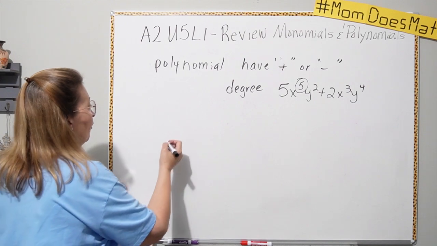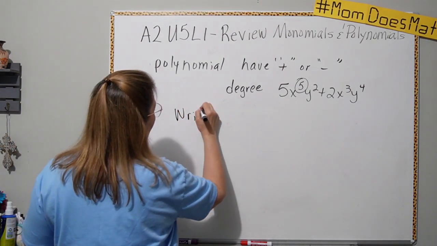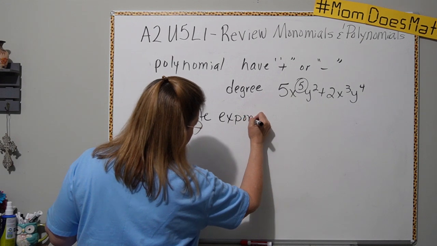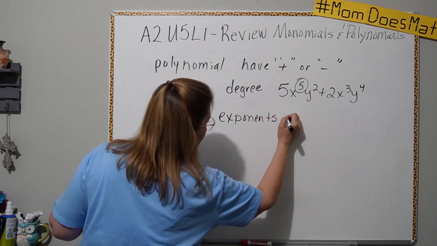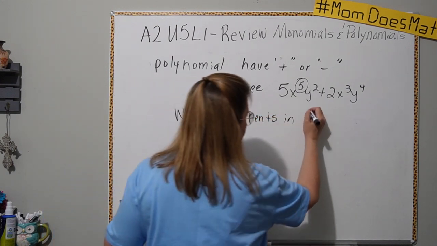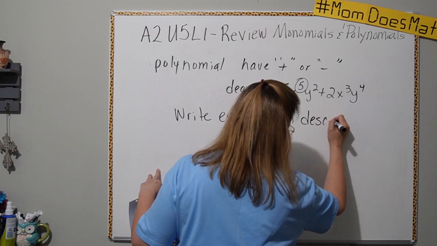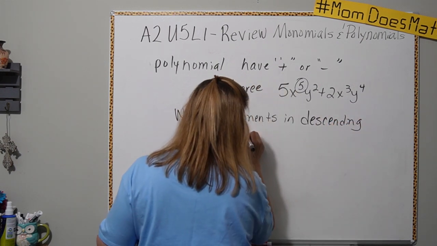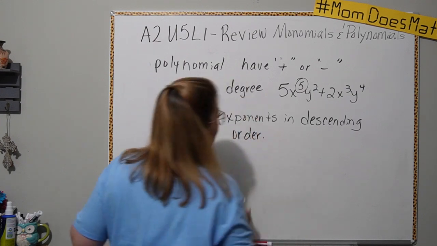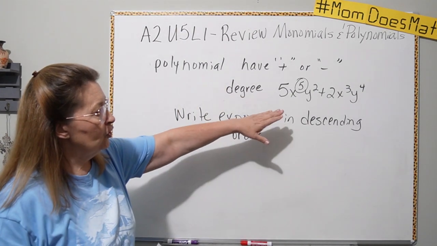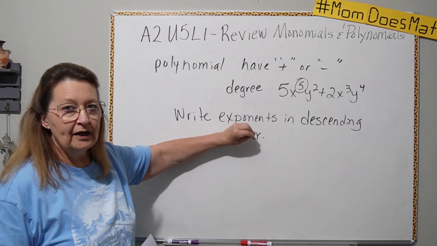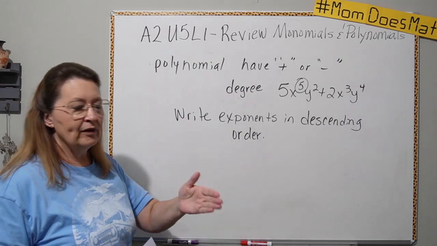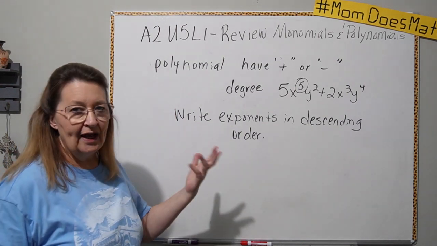Now, standard form is when you always write your exponents in descending order. So you look at all your terms, all your monomials in this polynomial, and you find, first of all, what if you have more than one letter, x, y, z, or a, b, c?